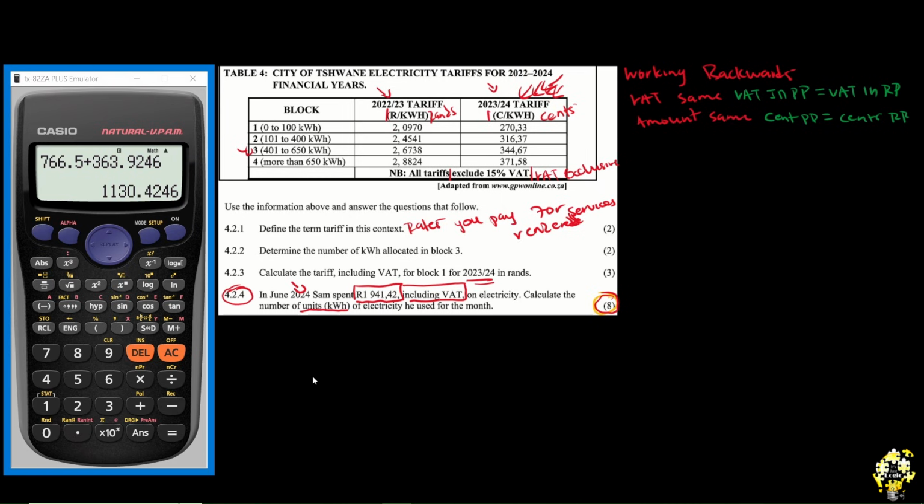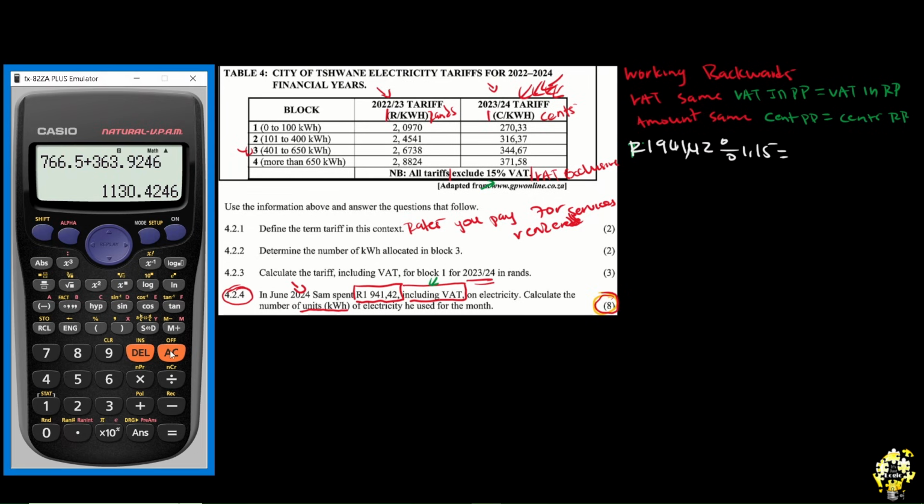Now, the first thing that we are going to fix is this. Bear with me. This is VAT inclusive. This is VAT exclusive. Let's make this amount VAT exclusive as well. How do we do that? We take 1,941.42 and take out VAT the decimal way, dividing by 1.15.